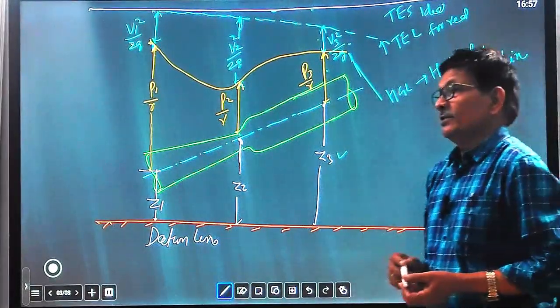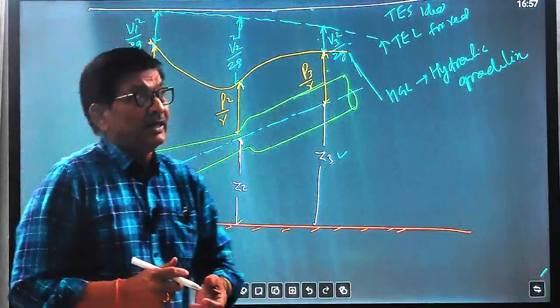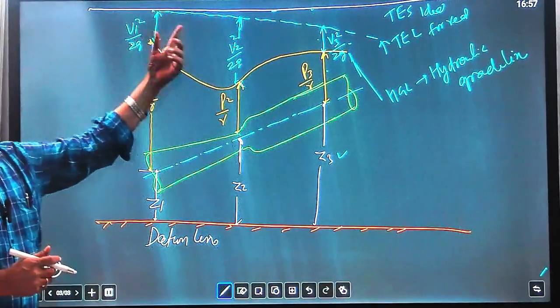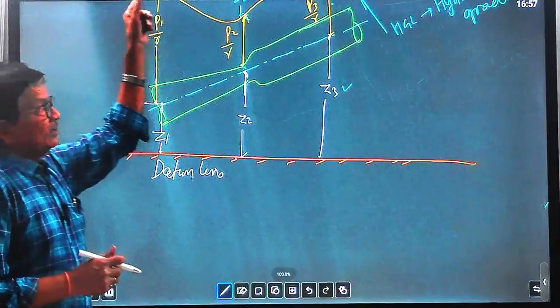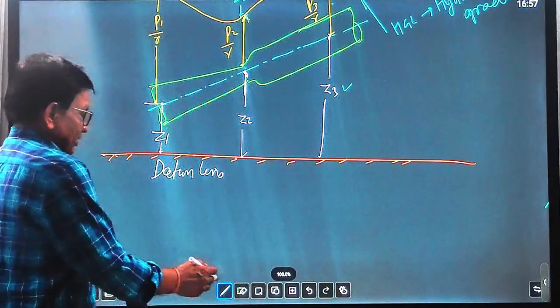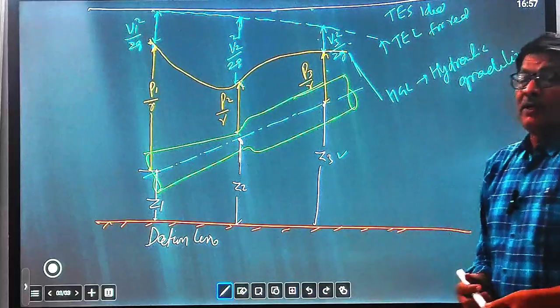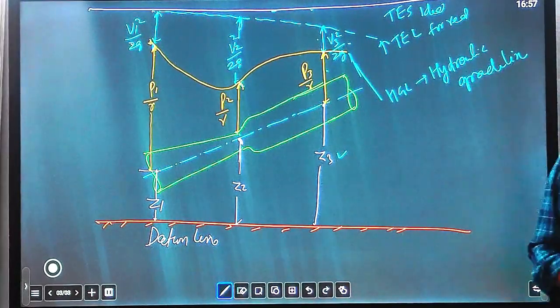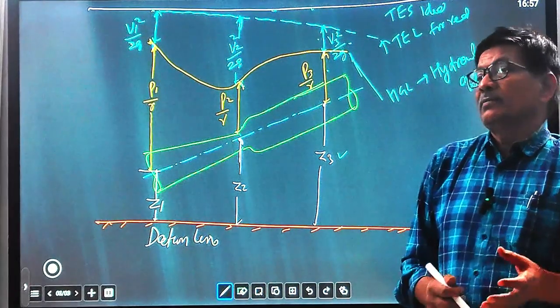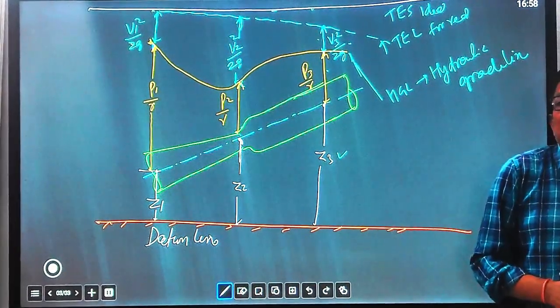This discussion also explains what a hydraulic grade line is and what a total energy line is, and why the total energy line slopes downward. It is very important from a competition point of view. You will always get questions from Bernoulli equations, all four kinds.